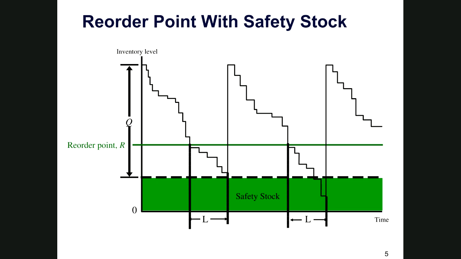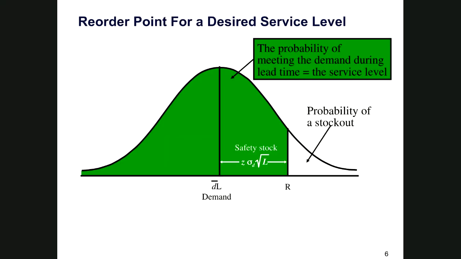So now the question is, how do we calculate that? How do we determine this reorder point that incorporates the safety stock? We're going to consider it as follows. We're going to consider that the demand has a normal distribution.